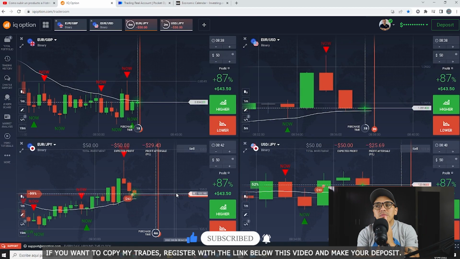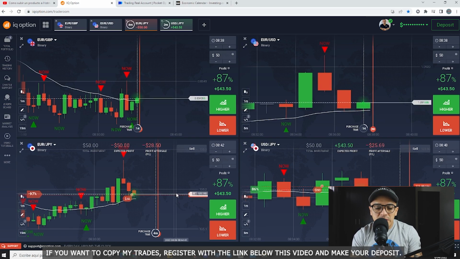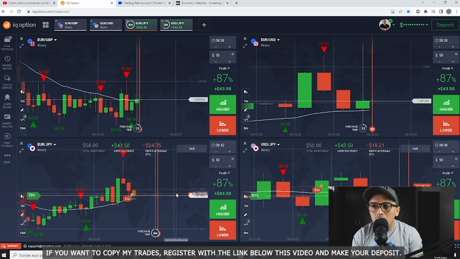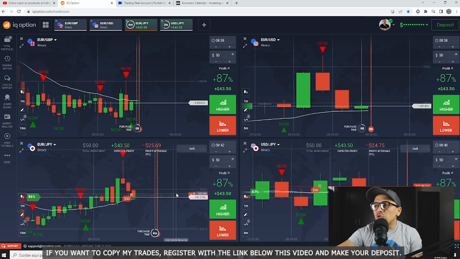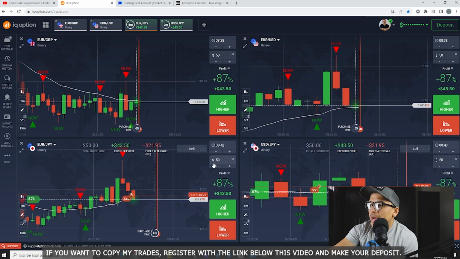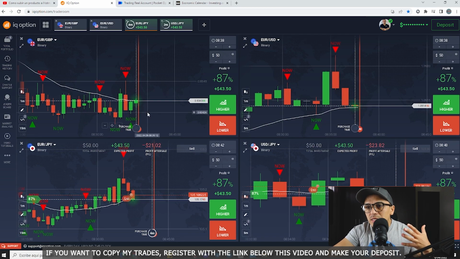For me, this is something really good because I don't need the MT4 platform. I only need to watch and wait to receive the signals and trade for my benefit. Okay, let's explain how this works.